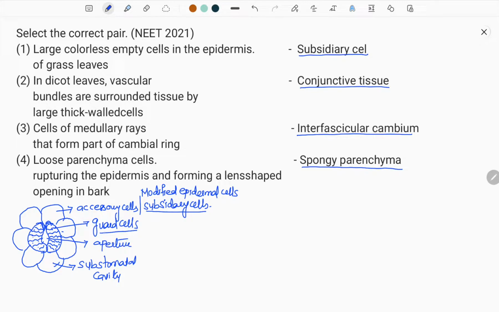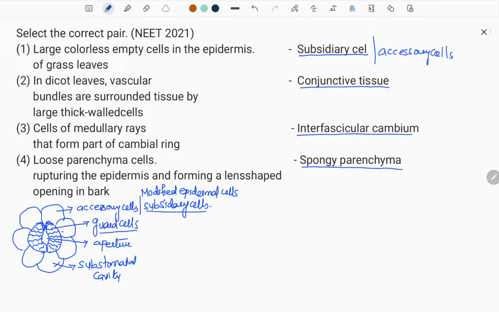Now the aperture, guard cells, subsidiary cells and substomatal cavity together are called the stomatal apparatus. They are the part of the stoma. The stoma are meant for gaseous exchange as well as transpiration. So subsidiary cells are accessory cells.